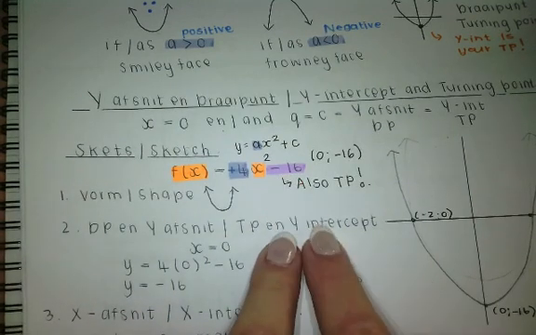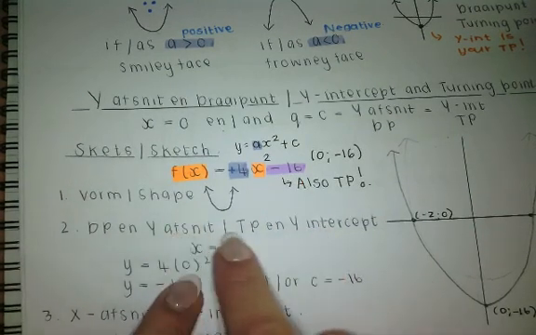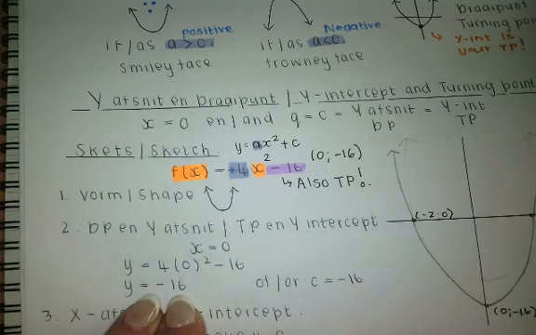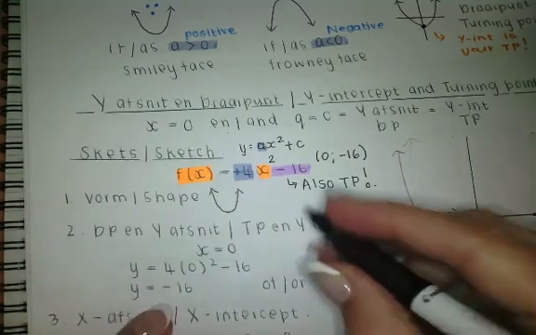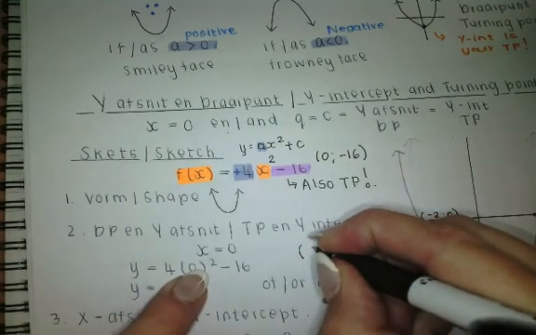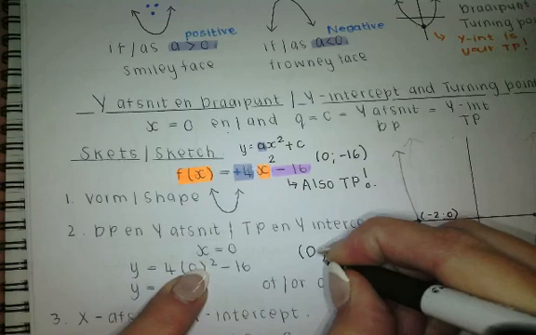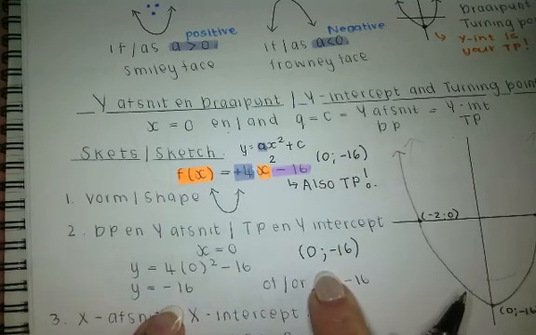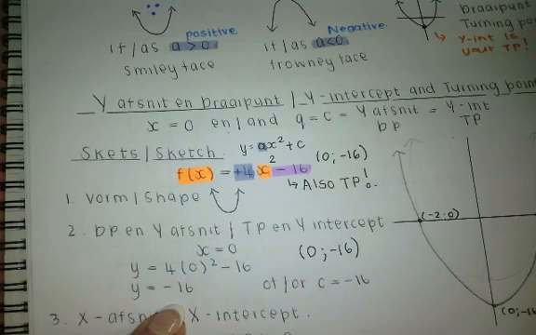No, because they already give us the y-intercept from the equation. But if we're looking for the y-intercept, we do make x equal to 0, and we still get negative 16. If we write that as a coordinate, we substituted in 0 for x, and 0's friend was negative 16. Okay, do you understand?